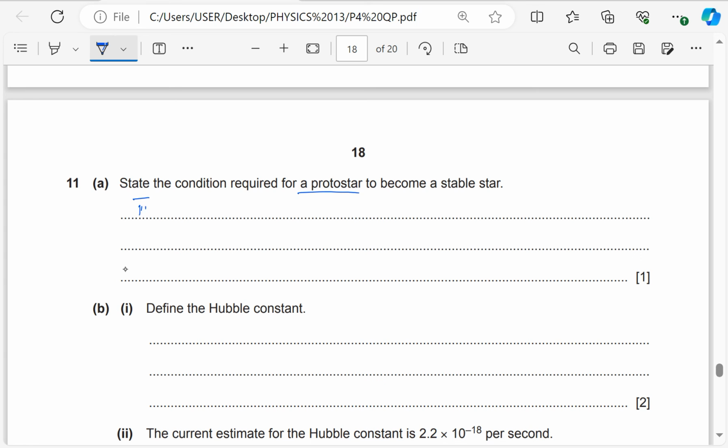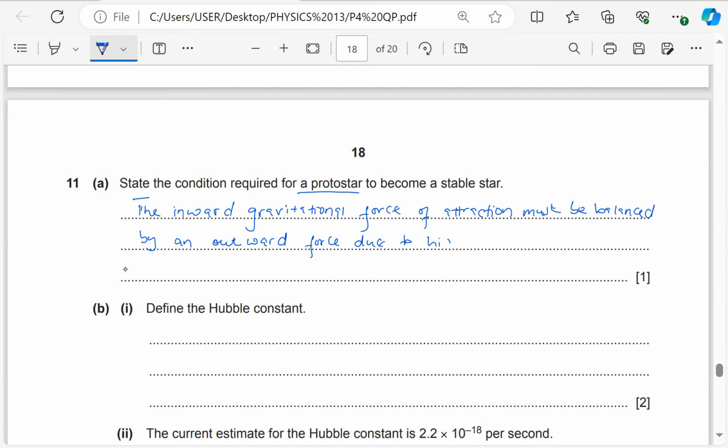So the inward gravitational force of attraction must be balanced by an outward force due to the high temperature found in the center.